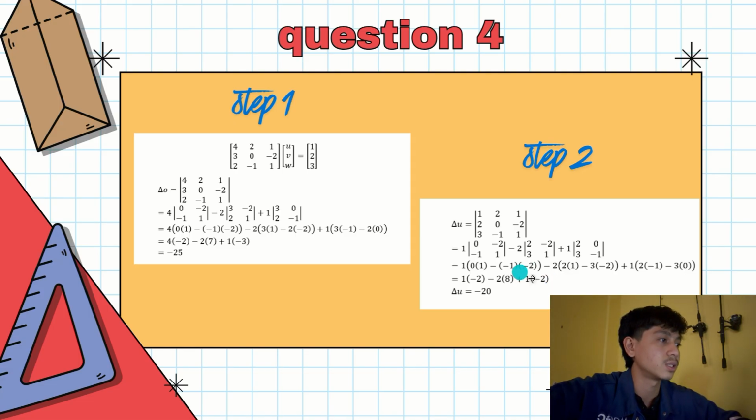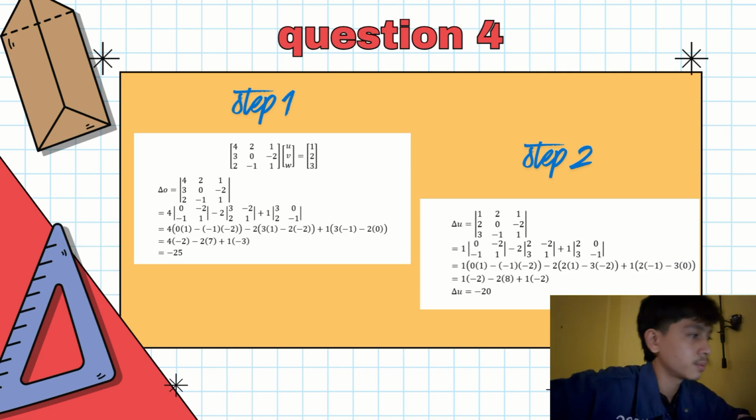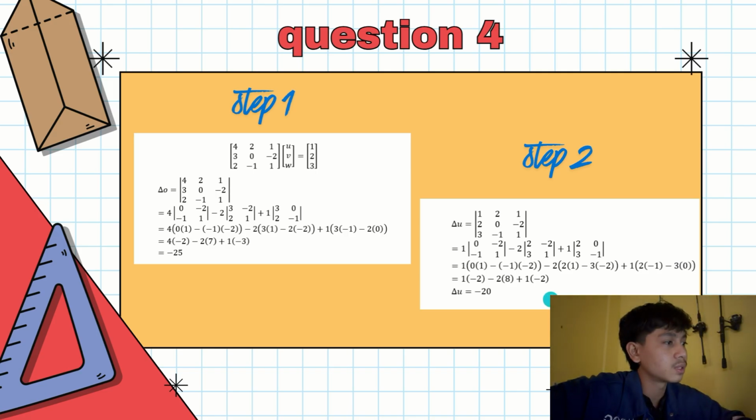We expand the determinant along the first row again. 1 is multiplied by 0 times 1 minus negative 2 times negative 1. Then minus 2 is multiplied by 2 times 1 minus negative 2 times 3. Next, 1 is multiplied by 2 times negative 1 minus 0 times 3. After simplifying and adding all of the terms, the value of delta u is negative 20.